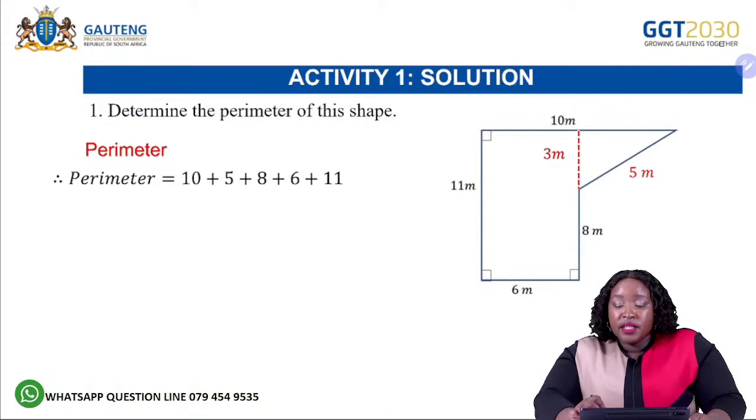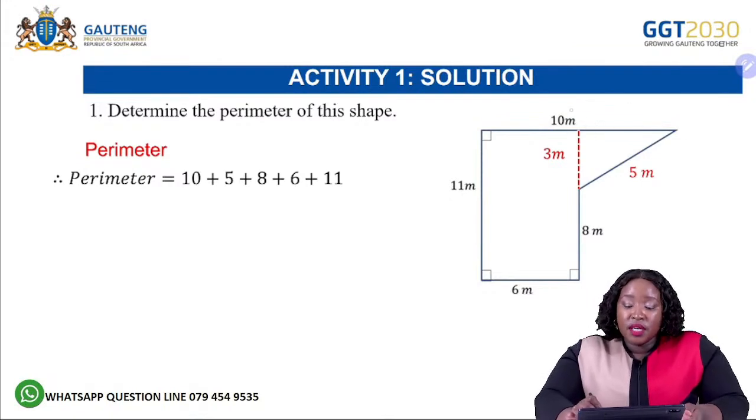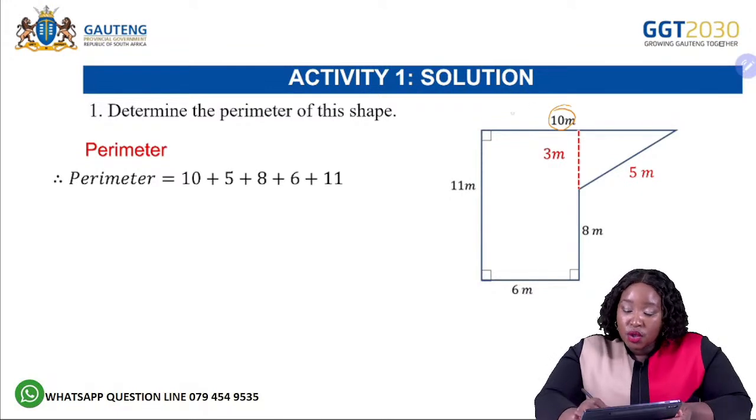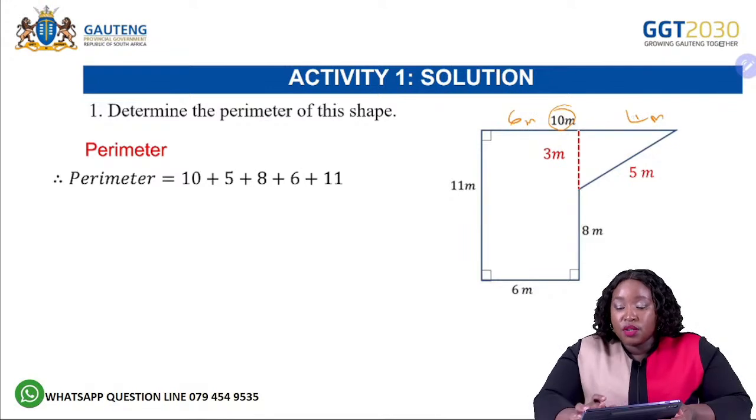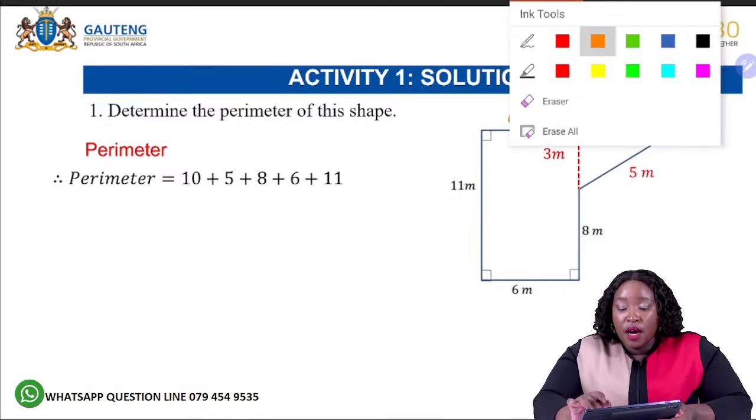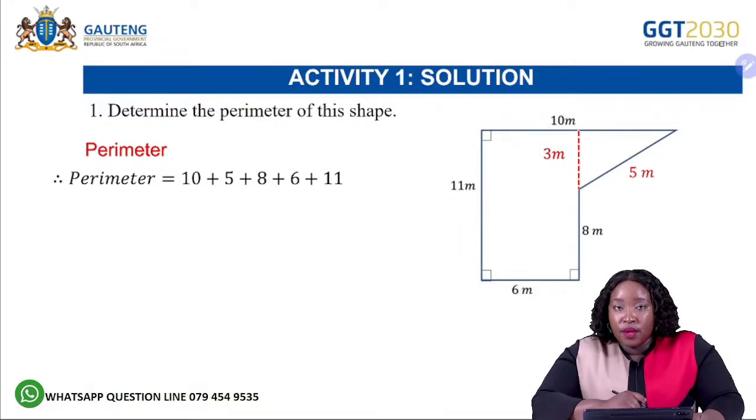Now I left it as 10 meters there. If you don't use this 10 meters, make sure you use 6 and 4. So you'd use the 4 meters and the 6 meters. Don't make the mistake of adding the 10 meters and the 4 meters, because now it's a different allocation completely.